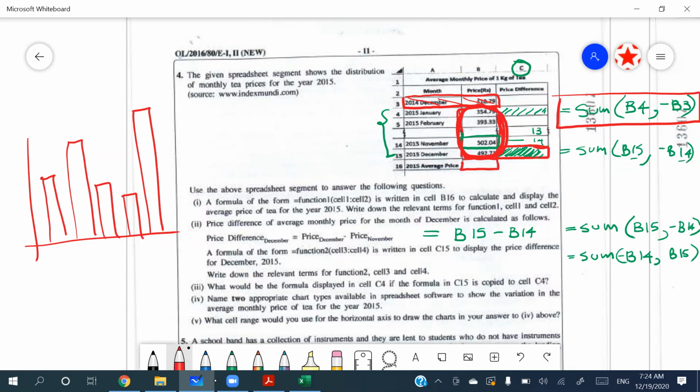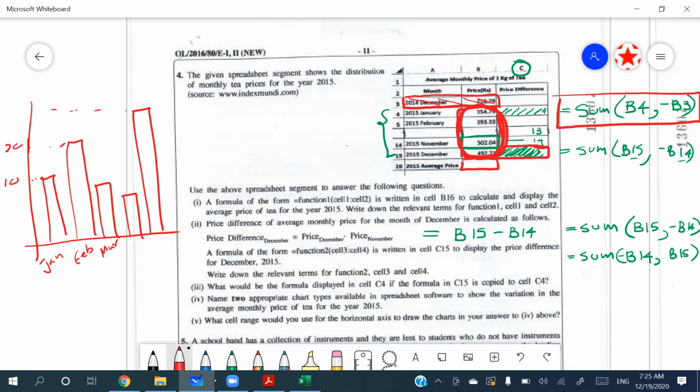So this should be on Jan, this should be on Feb, this should be on March likewise, and here they are having the figures. I'm not going to go for the actual figures, so likewise the figures will go here.